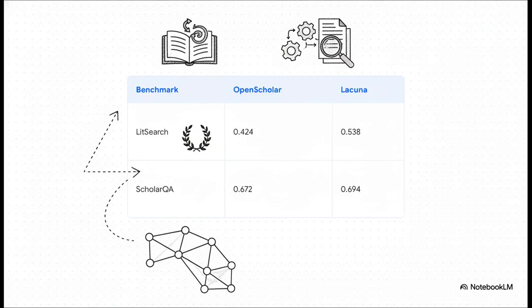On the LitSearch benchmark for literature retrieval, Lacuna achieves a recall at 10 of 0.538, meaning it successfully retrieves the most relevant evidence in its top 10 results far more often, decisively beating OpenScholar's 0.424. And on ScholarQA-CS, which tests literature synthesis by PhD-level experts, Lacuna edges out OpenScholar again. It wins specifically on content and evidence quality, and that is entirely because of those compact citation-linked snippets we discussed earlier.